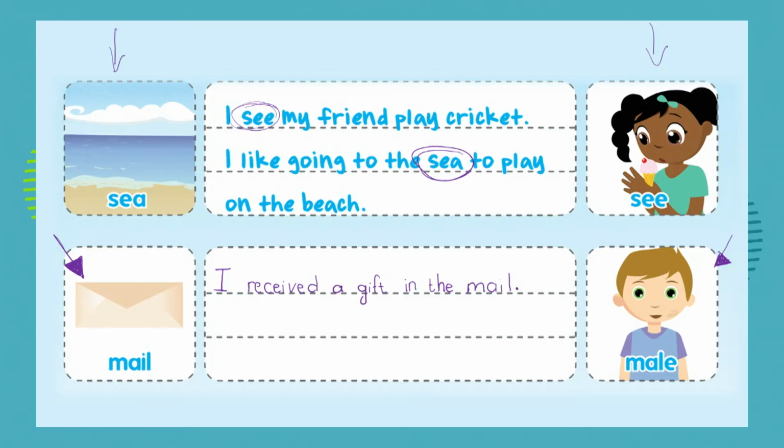Now we're going to make a sentence with male, as in boy. So boys find their clothes. So we can say boys find their clothes in the, now male, M-A-L-E section.